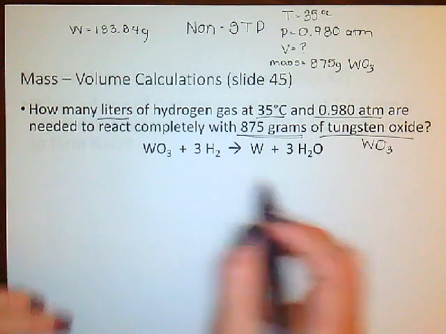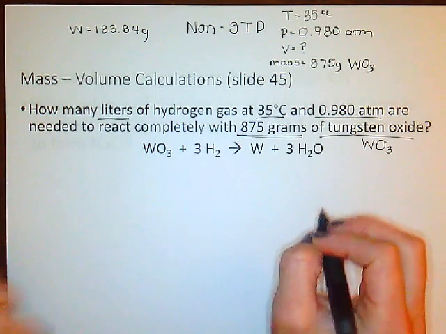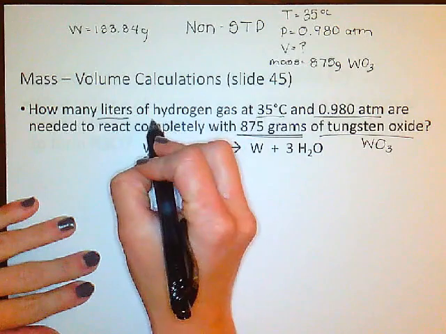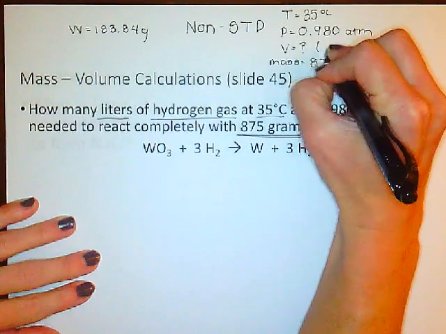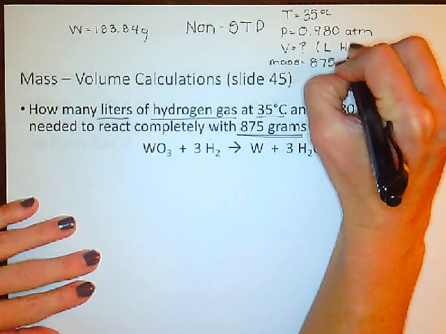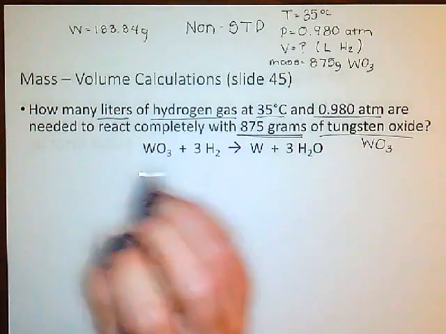What we are going to do is back up a little bit, because we are actually looking for liters of hydrogen gas. Not only that, we're looking for liters of H2.